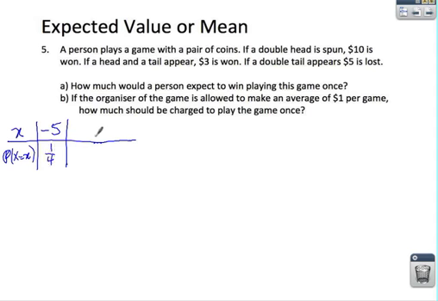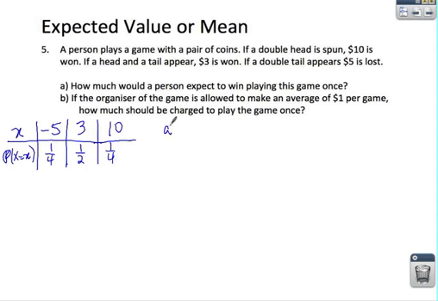If a head and a tail appear, the person wins $3. Again, this is done from the perspective of the player. That's probability 1/2. And if a double head is spun, which would be 2 heads, the outcome is a win of $10, and that has a probability of 1/4.